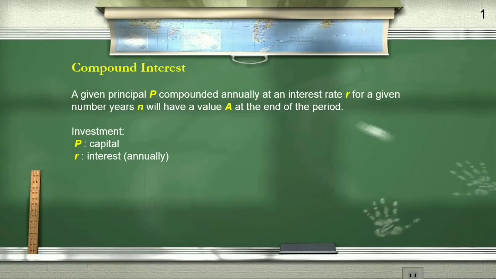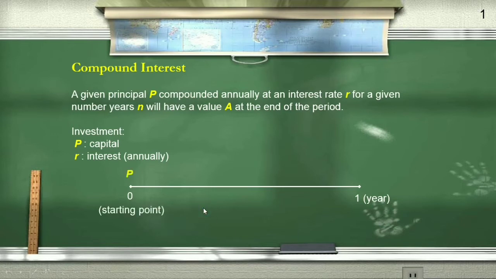In this case, we are going to determine the future value based on the present value, capital P. So when we invest the capital P at the interest R compounded annually, and we view our money at the end of 1 year, this is our starting point, capital P, and after 1 year our money becomes A. So A equals P, which is capital, plus P times R.